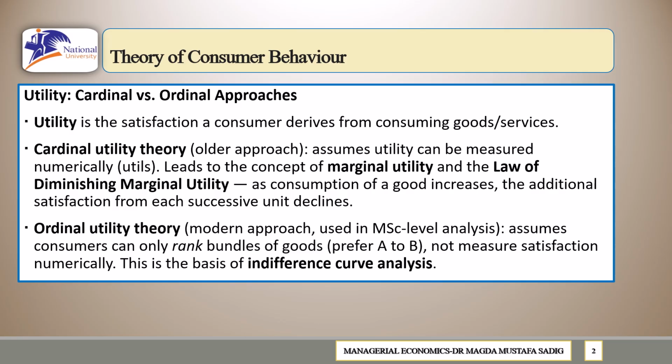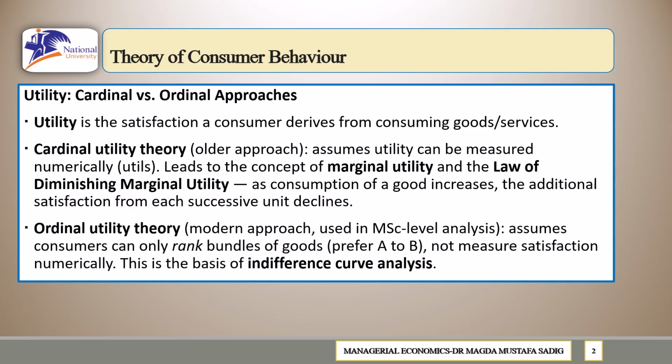For example, first slice of pizza, very satisfying. Second slice is still enjoyable. Third slice, less enjoyable. Fourth slice, you might not even want it anymore. This explains why demand curves slope downward.